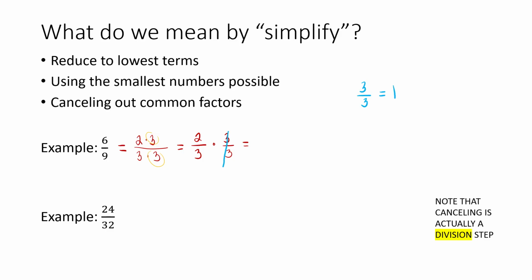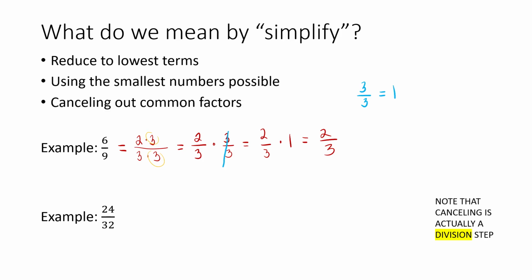And so we end up with 2/3 times 1, which is just 2/3. Now, that was a lot. I am aware that was a lot, but bear with me here, because it's important to know why this works, not just be able to do it, but the why behind what we're doing.